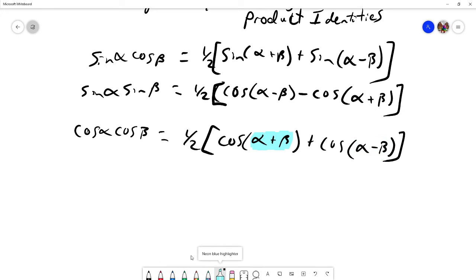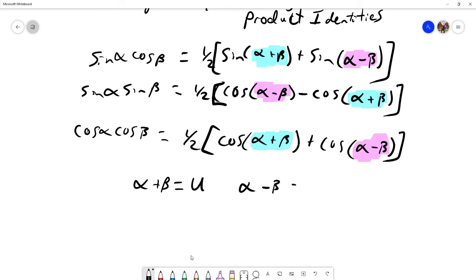Let's emphasize with blue all the alpha plus betas, and with pink all the alpha minus betas. So if alpha plus beta is equal to some quantity, we'll call it u, and alpha minus beta is equal to some quantity, we'll call it v.